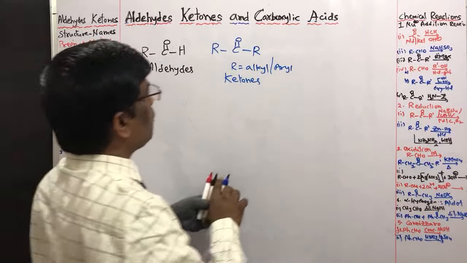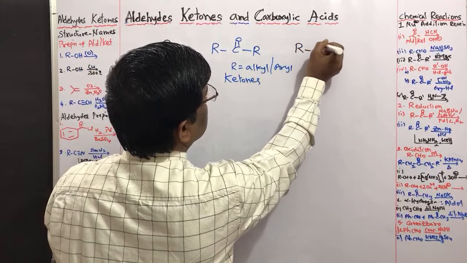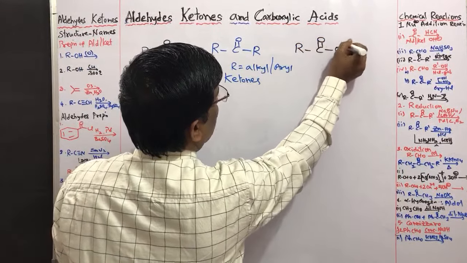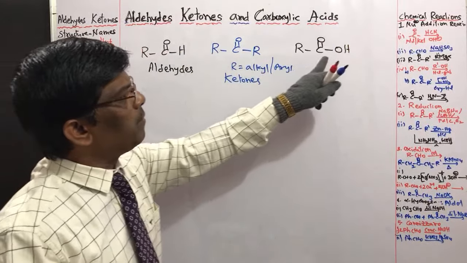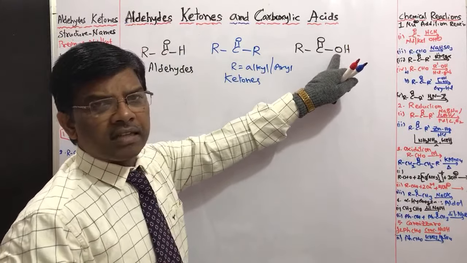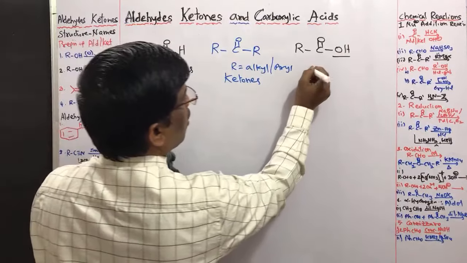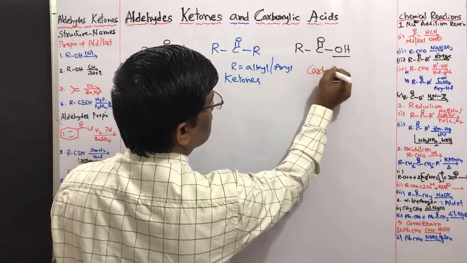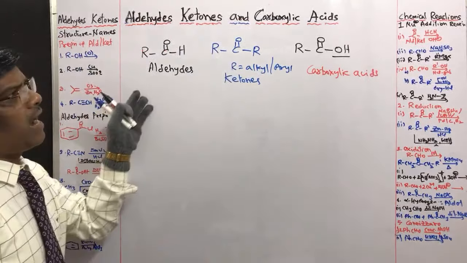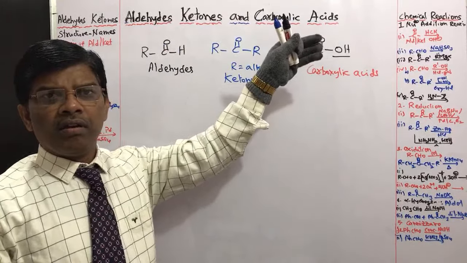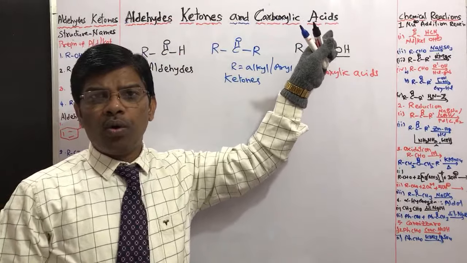And one more important category of compounds here is carboxylic acid. If the hydrogen or R group is substituted with a hydroxy group, then these are known as carboxylic acids. These are the three categories of compounds where carbon has a double bond to O.